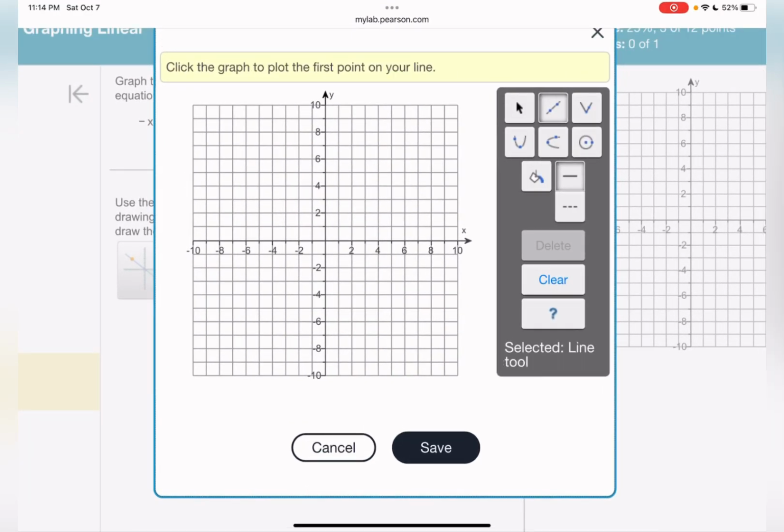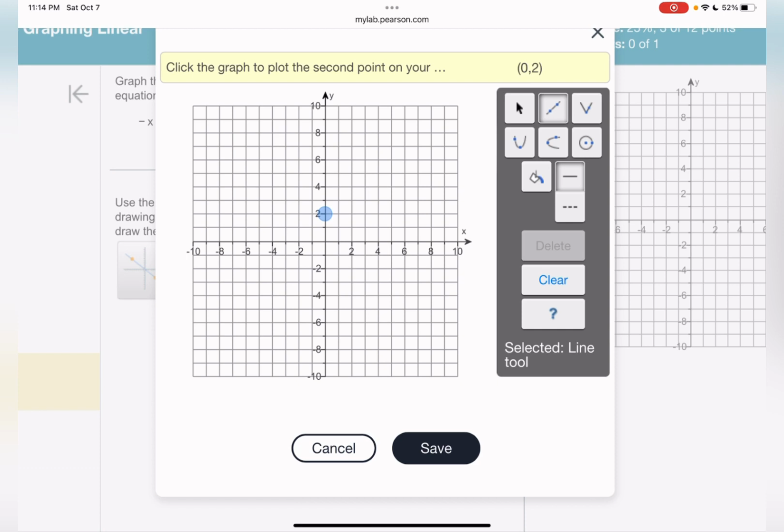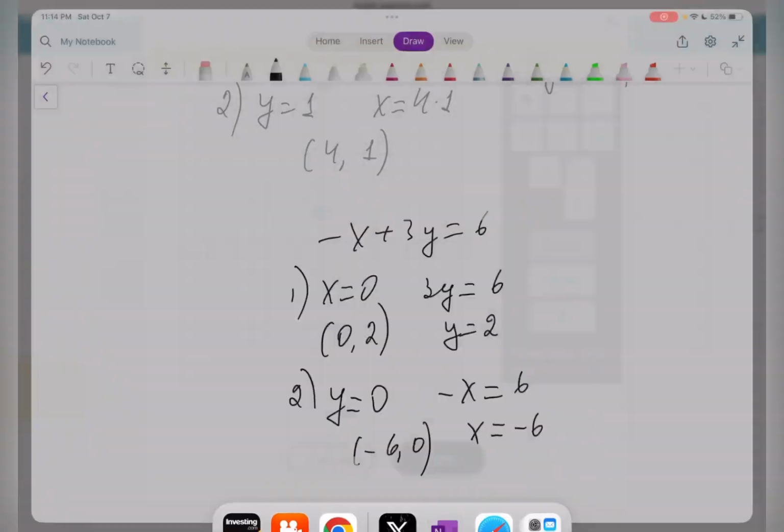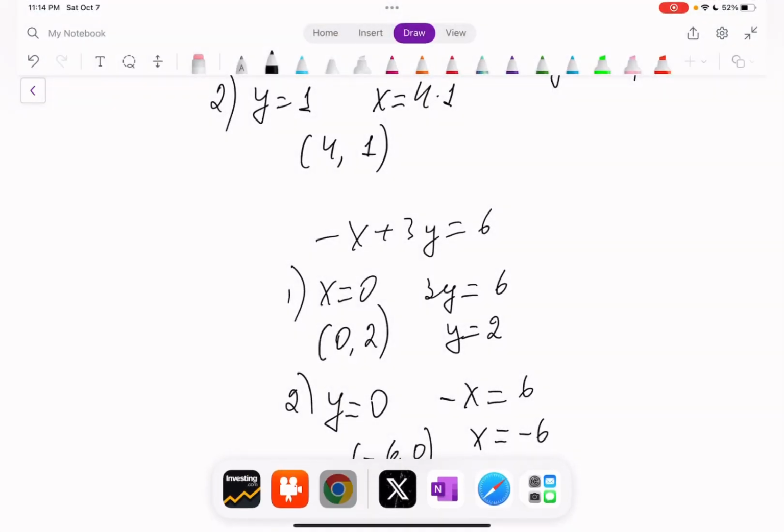So 0, 2. And the second point was negative 6 and 0, okay?